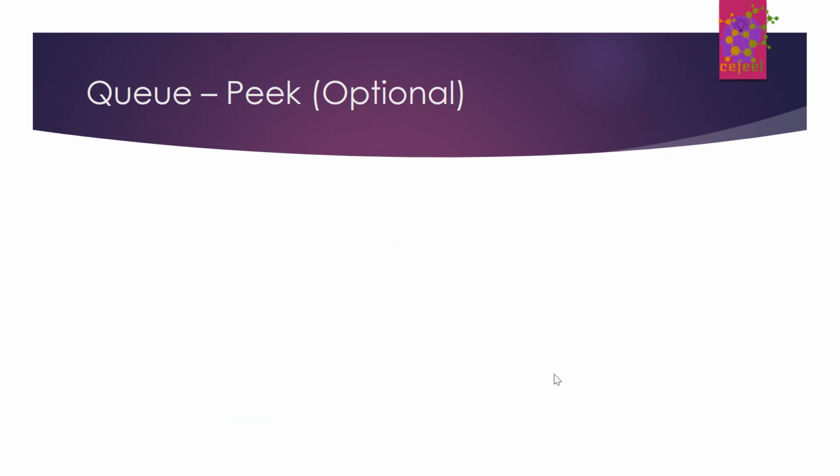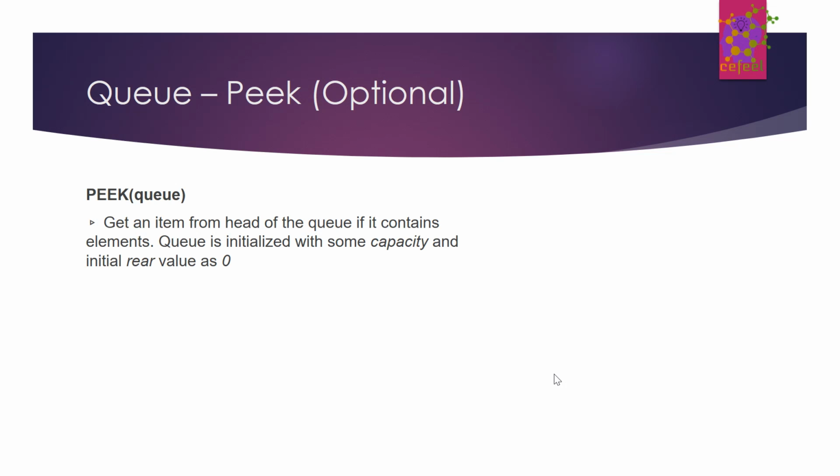Lastly, the peek operation, which is the optional operation. Very similar to the dequeue operation, we don't remove an item from the queue, we just look at the item and return its value, which means we get an item from the queue but do not remove it.